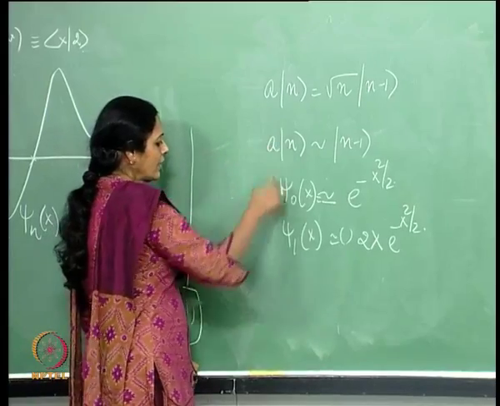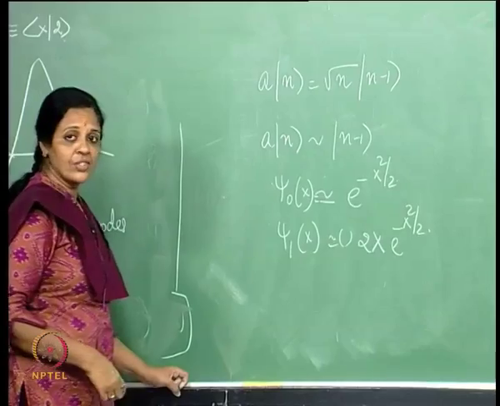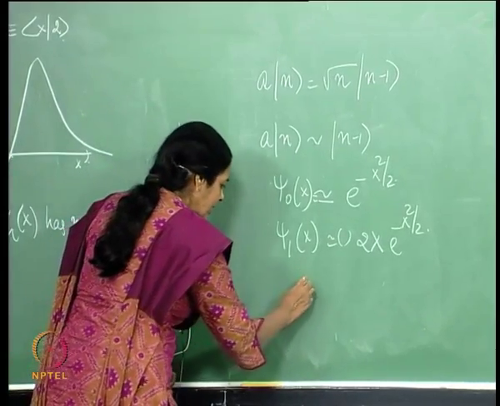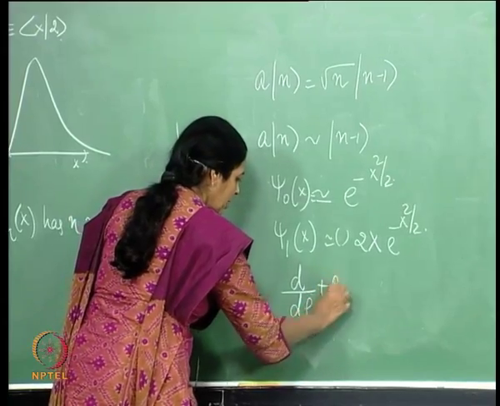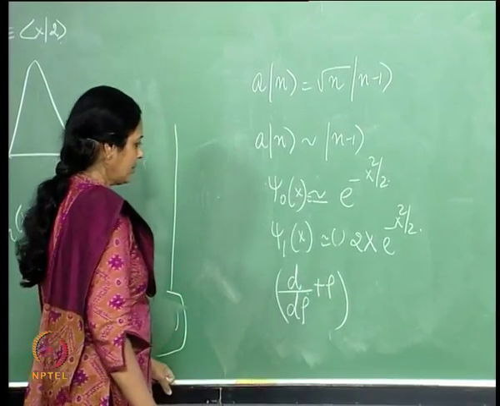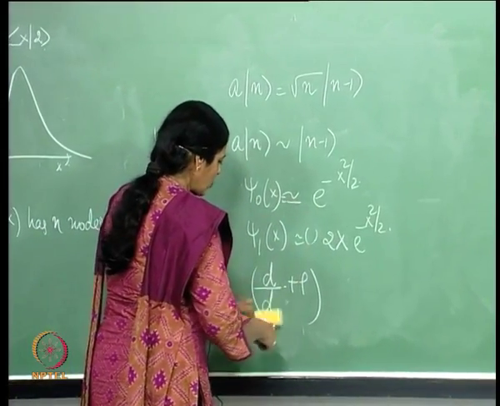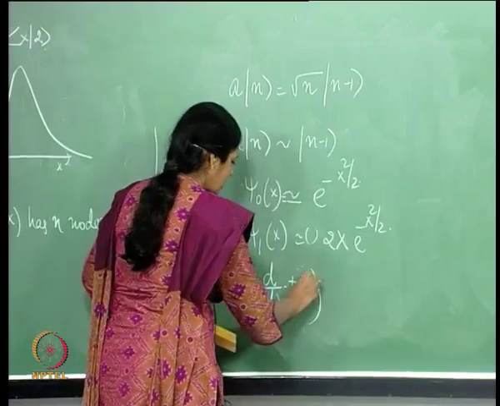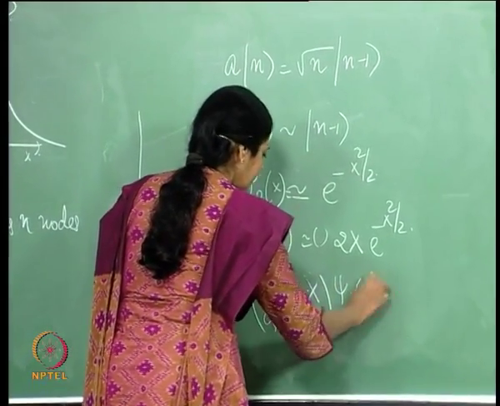So let us see if A in the position representation acting on psi 1 really gets it to psi 0 of x. So A, you will recall, is d by d rho plus rho, and this is supposed to act on this object. So let's worry about d by dx plus x acting on psi 1 of x.